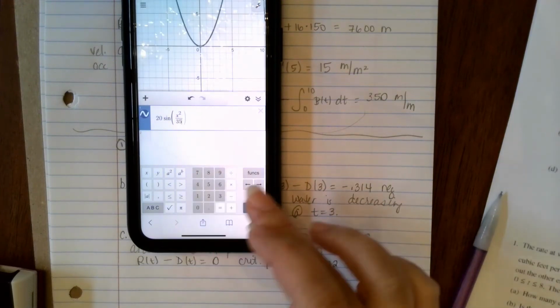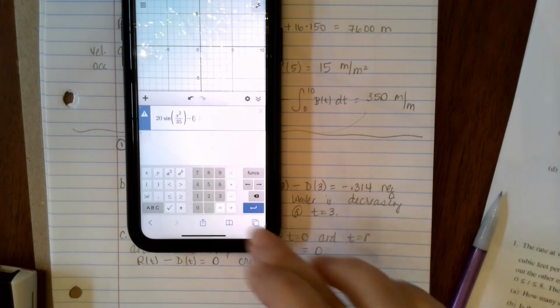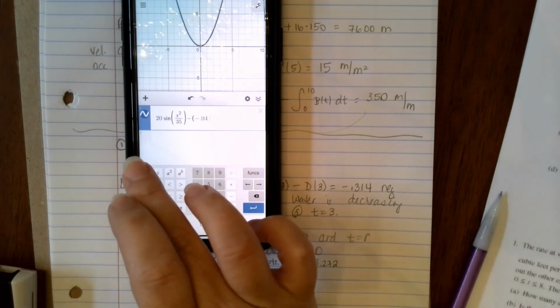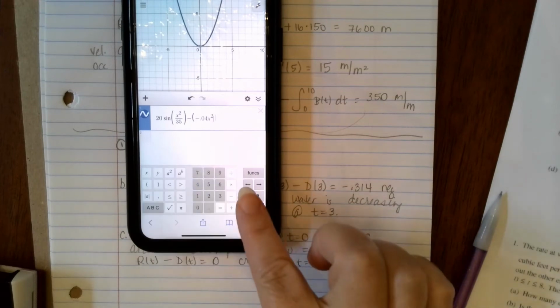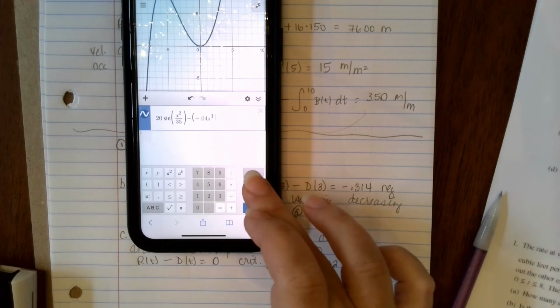Okay? Then I want to subtract the water coming out. So I've got parentheses of negative 0.04 t cubed. Now, for the cubed, I'm going to do my back arrow here and make that a 3.